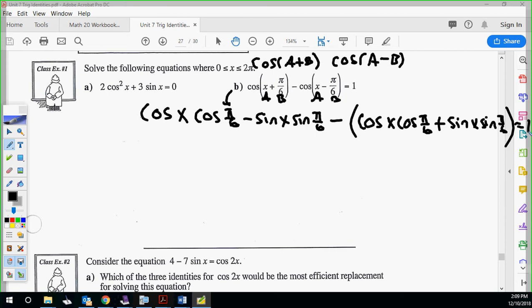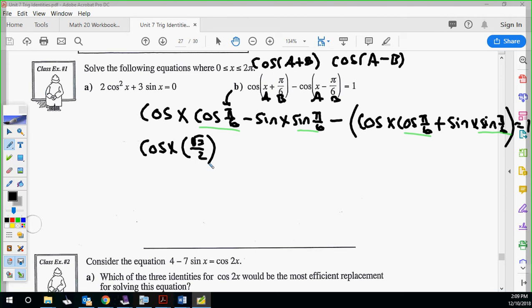Okay. So what's helpful with this is that we know what each of those values is, and so we're going to do those. Okay? So what's cos of pi over 6? Root 3 over 2. So cos x, root 3 over 2 there.